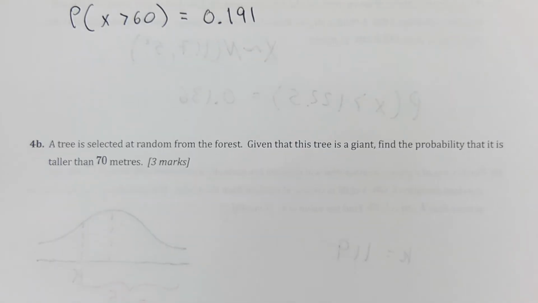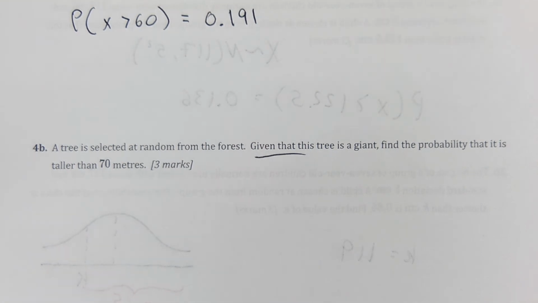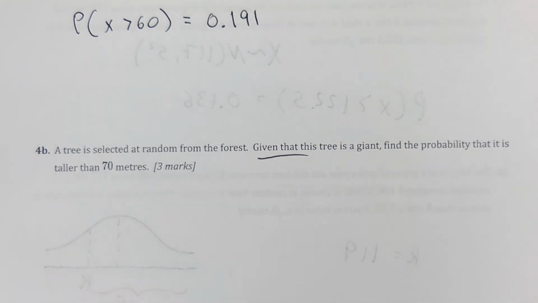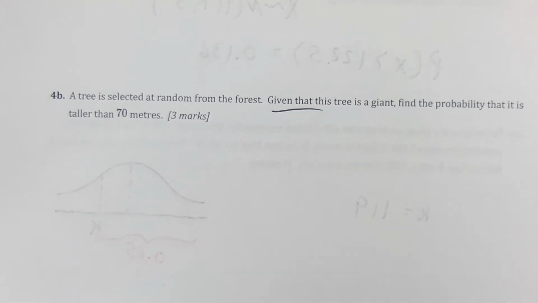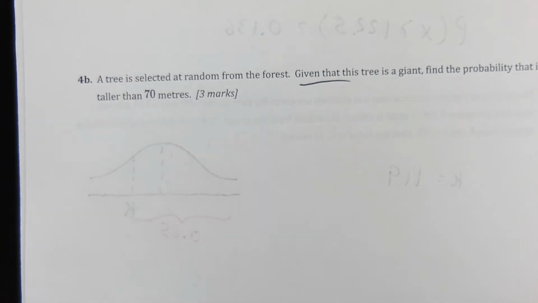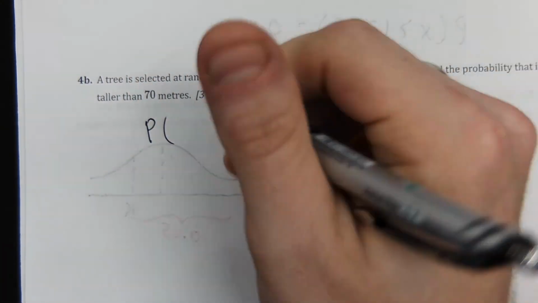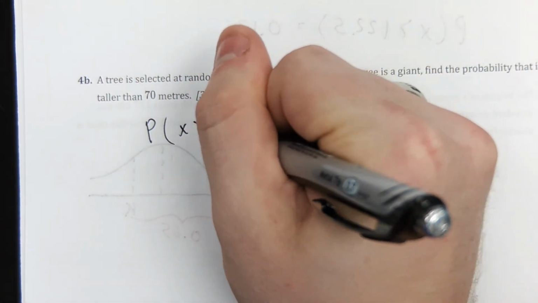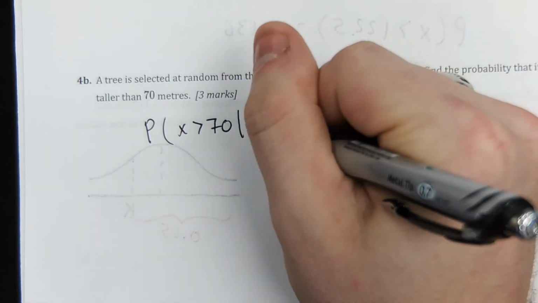A tree is selected at random. Given that, oh, there it is, conditional probability. Given that the tree is giant, find the probability that it is taller than 70. Don't fall into the trap, okay? Let's actually fill it out. We're saying find the probability that x is greater than 70, given that it is giant.